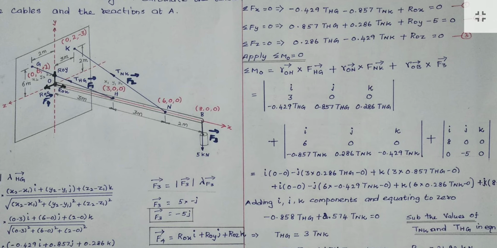So no distance. F1 vector means HG vector, R vector, okay, R vector means position vector.